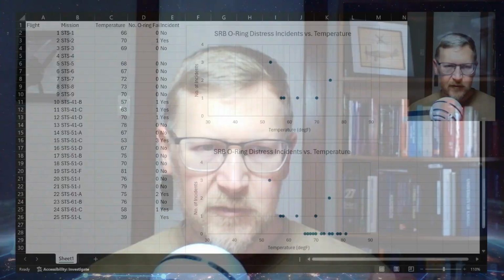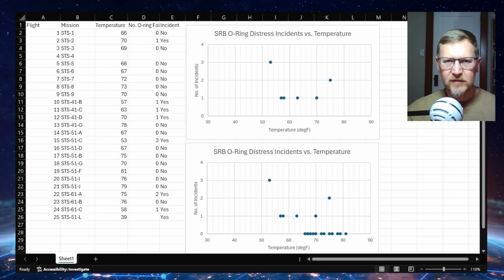So in an example to represent this, I have taken the data from the launches up to this point and replotted them here in Excel. On the left is all the data I've got that represents the particular flights, the temperatures at the launch conditions, the number of O-ring issues, which they call distress technically, which doesn't necessarily mean failure.